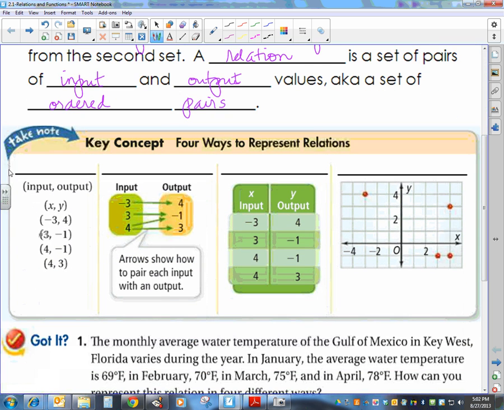You can have, as we just mentioned, ordered pairs, where you have input and output. You can have what is referred to as a mapping. You can have a table of values, or you can have a graph.